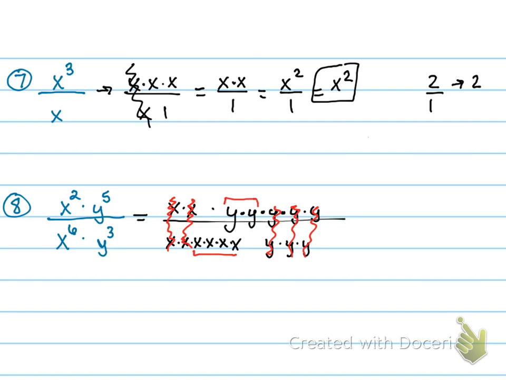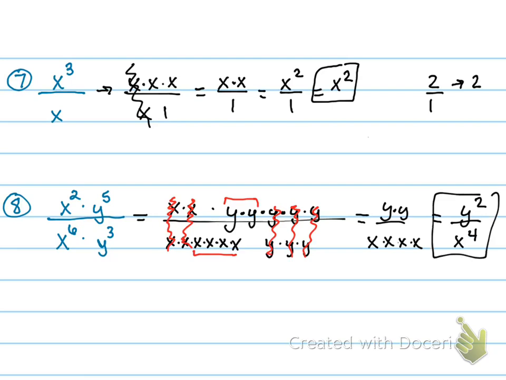And I see that I'm left with 2 y's in the top of my fraction. So when I go to simplify this, instead of leaving it as y times y over x times x times x times x, we can write that as y squared over x to the 4th power. And that's the simplest way that we can leave this.